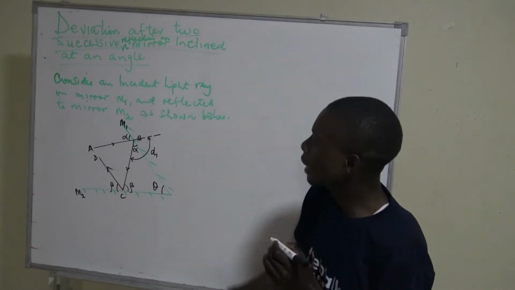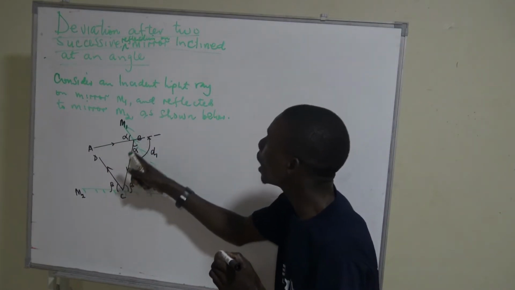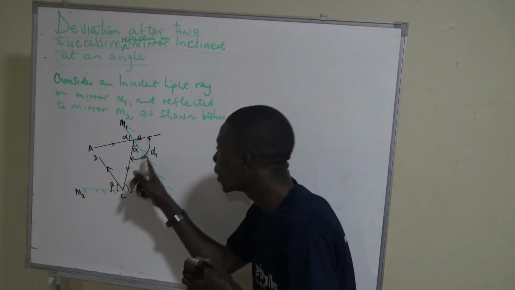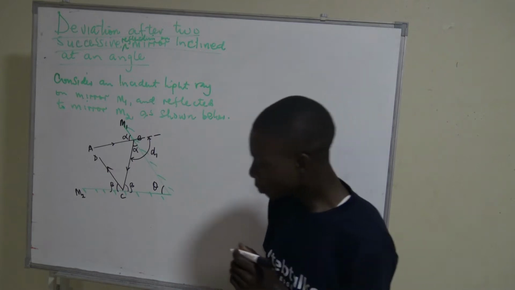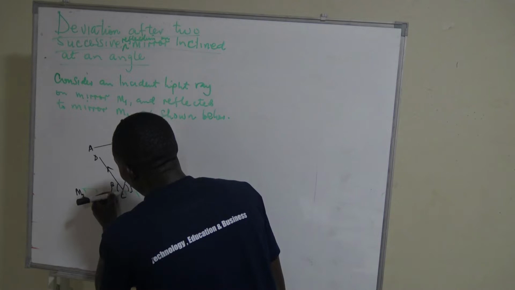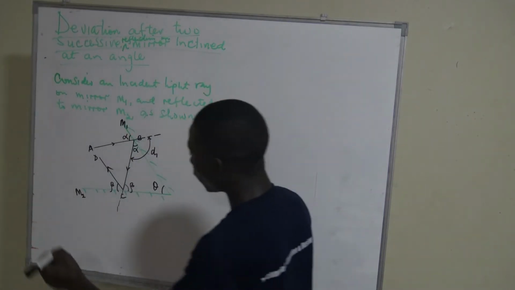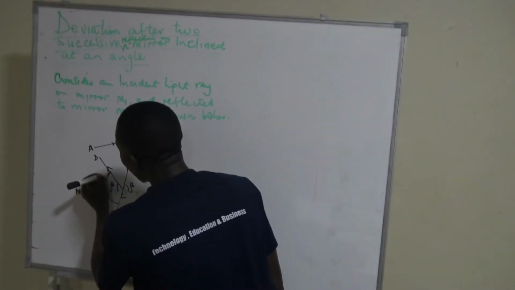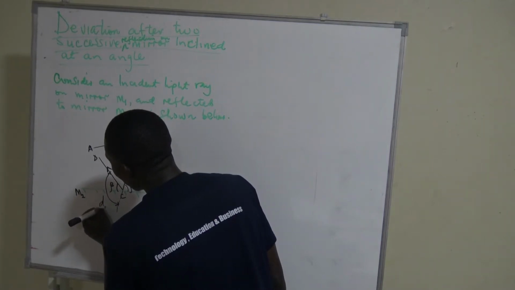And then when it came here, it was supposed to continue in this direction, but it changed direction by reflection, and this is another deviation, D2.